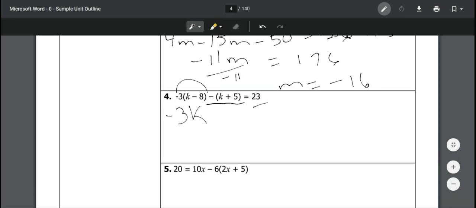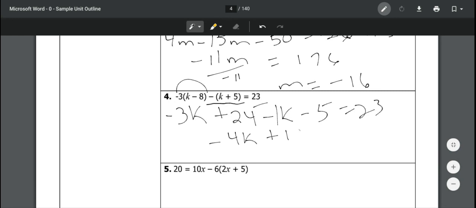Okay. So we got plus 24. And then we have minus k minus 5 equals 23. We put negative 3 and negative 1 together. Negative 4k. We put 24 minus 5. That's a plus 19. And now we're going to minus the 19. And so that gives us 4. So k equals negative 1.